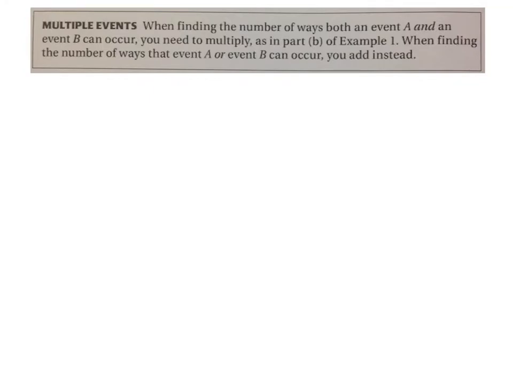Alright, now if we're trying to find the number of ways that both an event A and an event B can occur, you would need to multiply. We would need to find the combinations of A and then multiply that by the combinations of B. If we were finding the number of ways that an event A or B could occur, you would add instead.